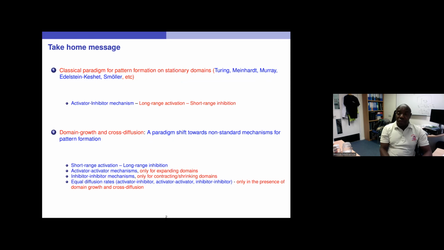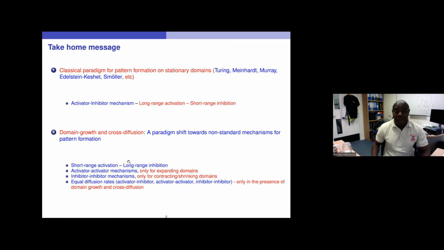The idea in this talk is to illustrate that we can overcome this mechanism, and due to domain growth and cross diffusion, we can have what I call non-standard mechanisms for pattern formation, for example short-range activation, long-range inhibition.